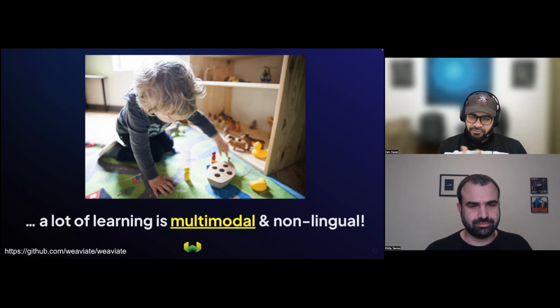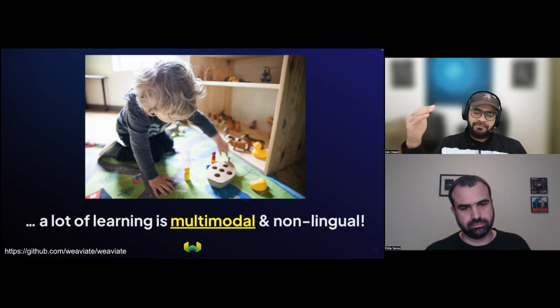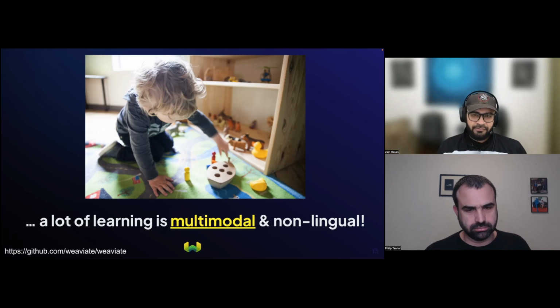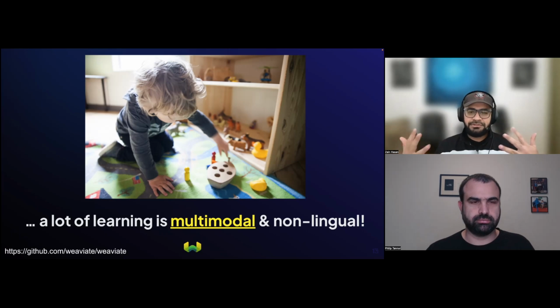It varies across the senses, and it's mainly non-lingual, right? We lay the foundations of our knowledge on this multimodal learning, and then we build on top of it using language as an abstraction later in our life. And so we'd like machine learning models to be able to do this as well, especially to learn from different modalities, right?